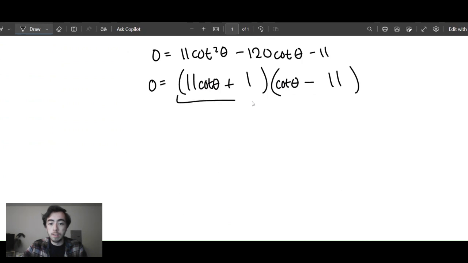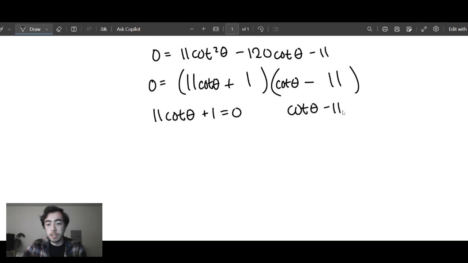If I have a product and the product is equal to 0, surely one of those two factors is 0, and it could be either. So maybe 11 cotangent theta plus 1 is 0, or maybe cotangent theta minus 11 is 0. And our solution for the day comes from this factor on the right side. If this thing right here is 11, then I produce a 0.